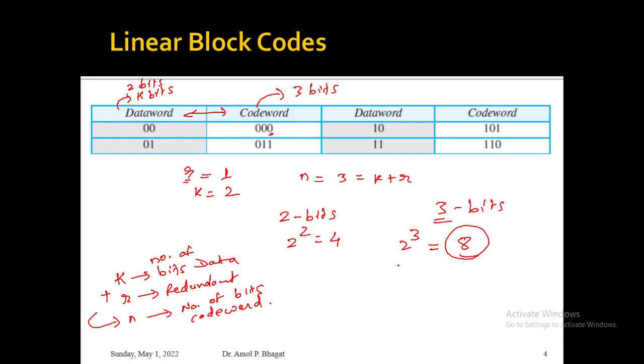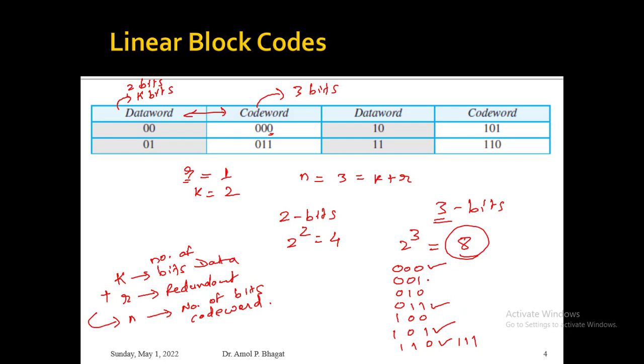So if you take these total 8 combinations, it will be 000, 001, 010, 011, 100, 101, 110 and 111. So these 8 combinations are there. Out of those 8 combinations, 000 is used as a code word, right? 011 is used, 101 is used, and 110 is used.